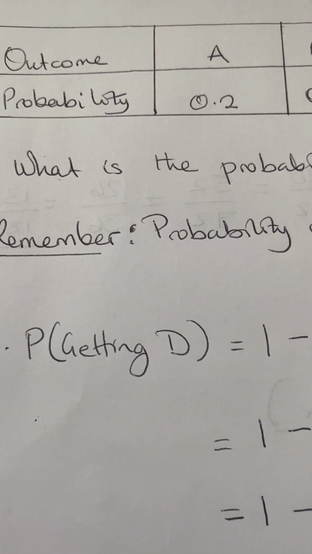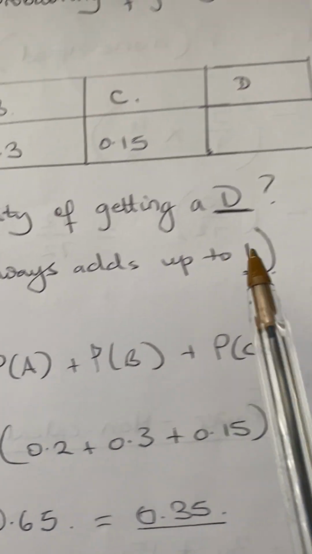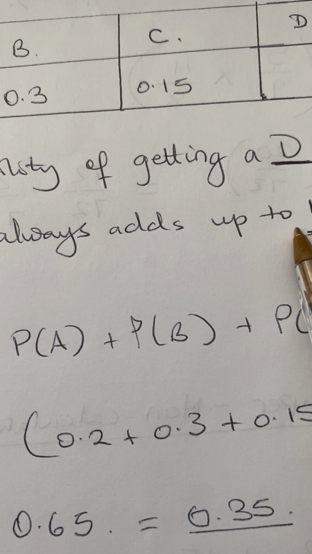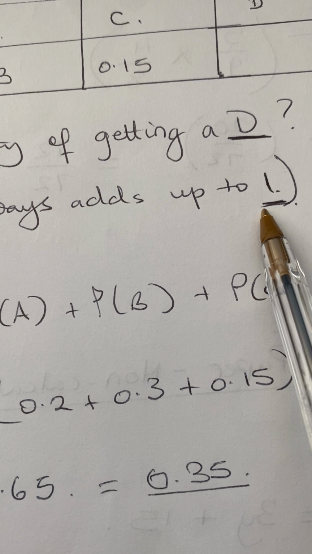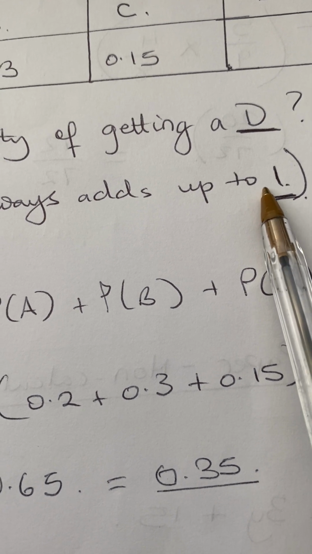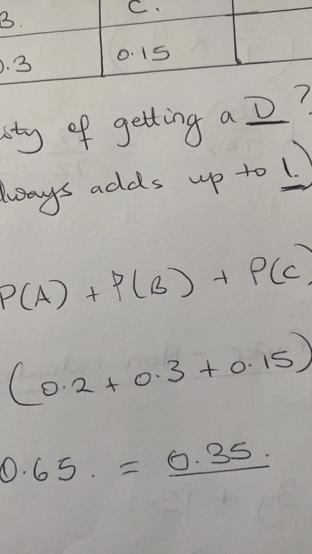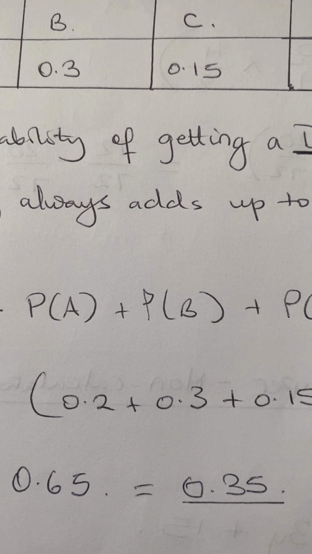Okay. Now, you can remember probability always adds up to 1. Okay, it will always add up to 1. Okay, never forget that. So if your answer is 1.8, okay, it's wrong in the first place.